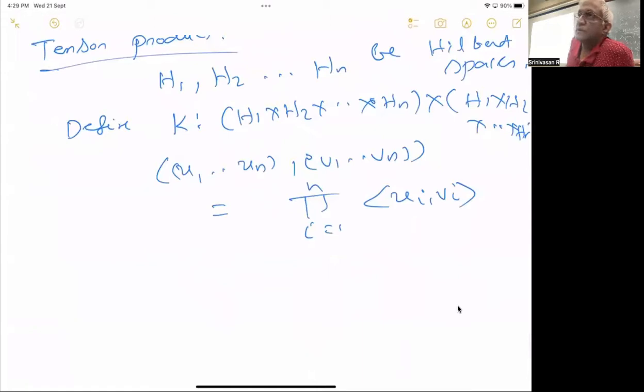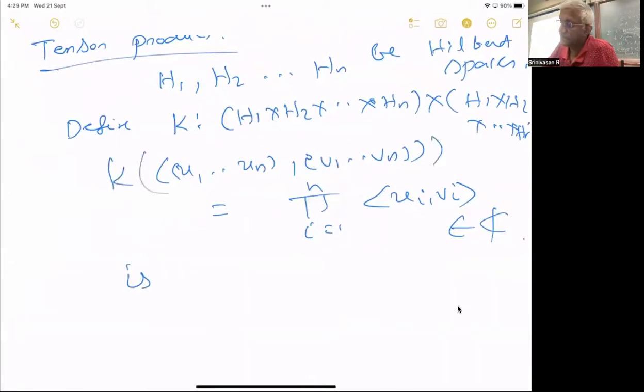So it lands in C, correct. Okay. And this is a positive definite. So this is K. K of this is equal to this. Is positive definite. I mean, it's clearly positive definite. If you have some n number of them, if you have a scalar, then the scalar you can take inside one of them if you wish. And then it is just the property of the inner product.